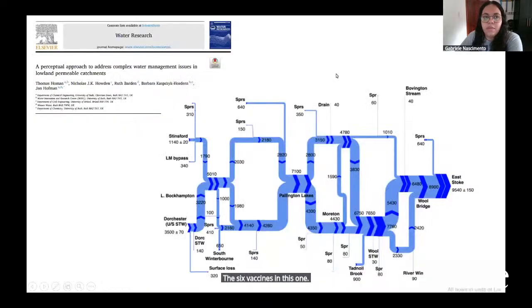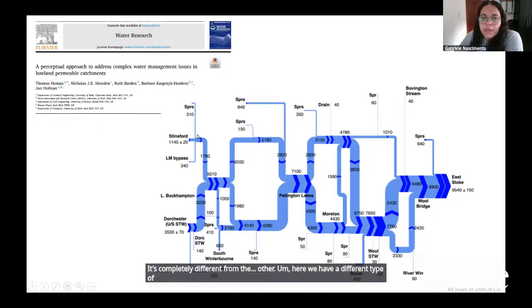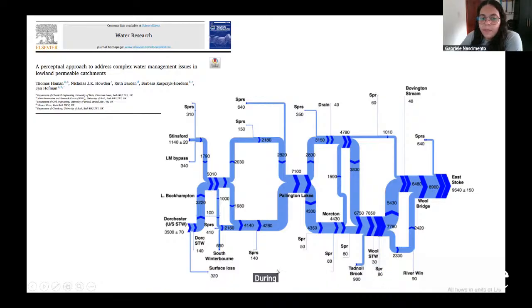This is another example. This is water research. It's completely different from the other. Here we have a different type of flow. This is a representation of the water accretion during winter.